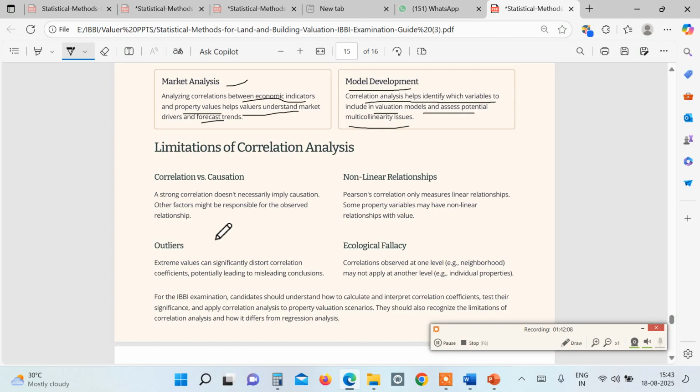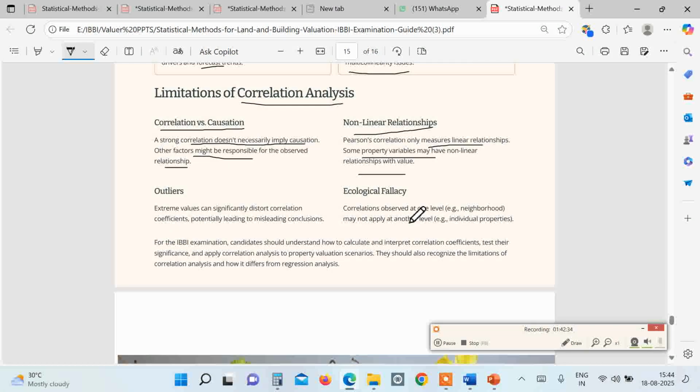Limitations of correlation analysis. First is correlation versus causation. A strong correlation does not necessarily imply causation. Other factors might be responsible for the observed relationship. Non-linear relationship: Pearson's correlation only measures linear relationships, so property variables may have some non-linear relationship with the value.